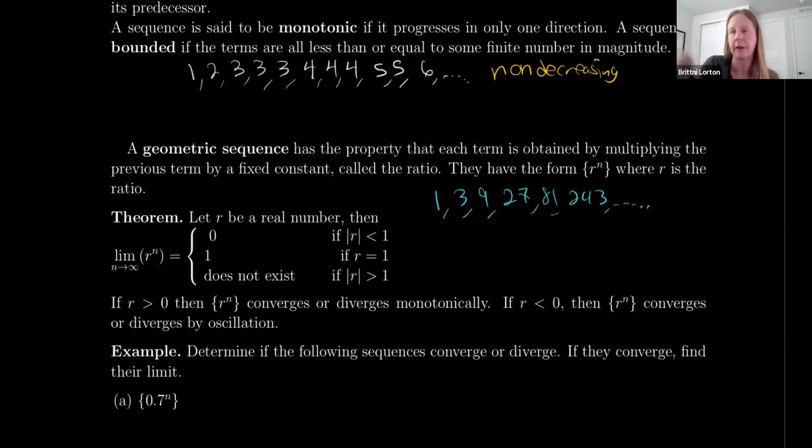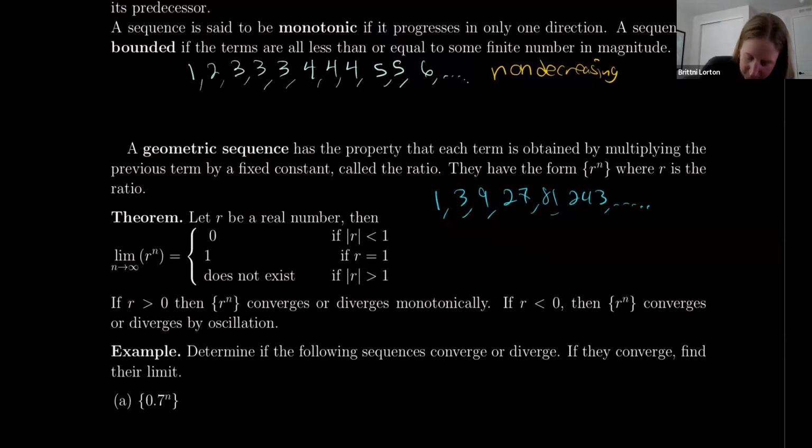I just multiplied by 3 every single time. 3 was called the ratio, r for ratio. It's the ratio because if you take any two terms and divide the second one by the previous one, they're all going to be 3. The ratio between any two terms is 3. So that was a geometric sequence.